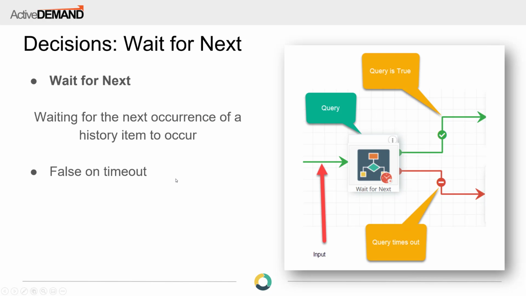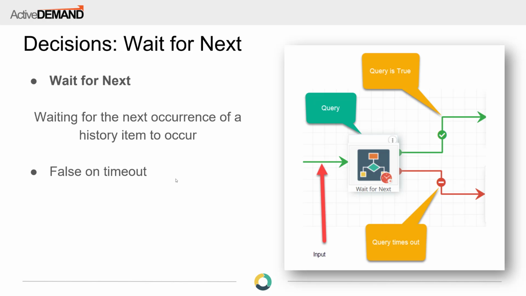Now, the final decision type is what we call the wait for next. Really, this is a special decision that's waiting for a contact to do something specific. For example, let's say we've sent somebody an email and we want them to phone us.